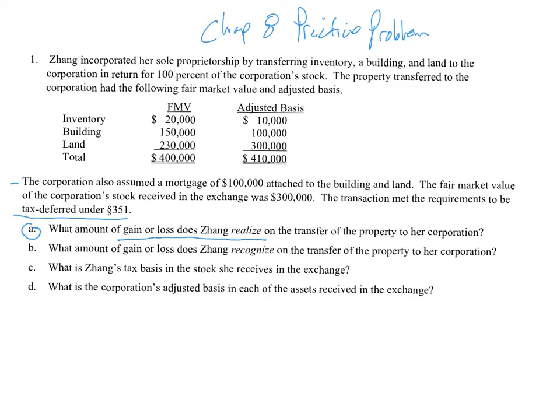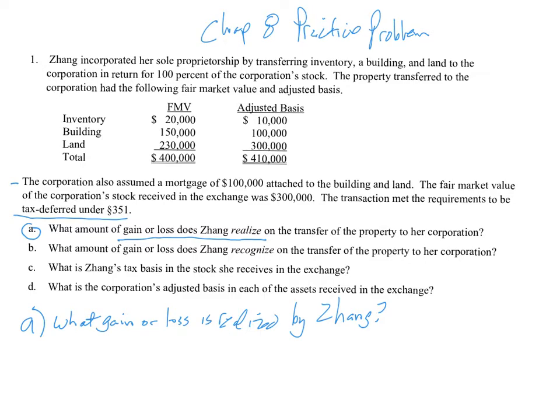So now let's look at what we're asked for in part A. Okay? All right, so part A asks us what gain or loss is realized by Zhang.